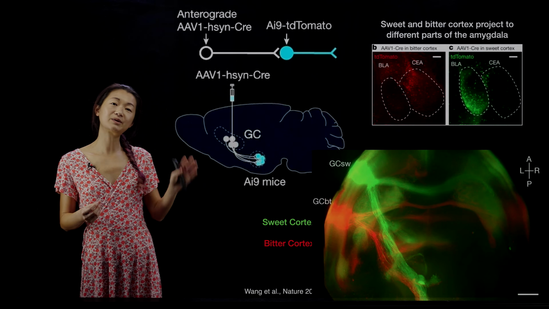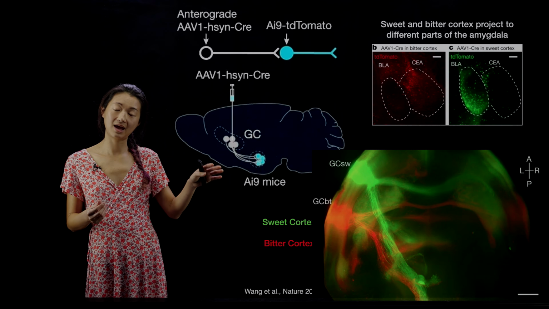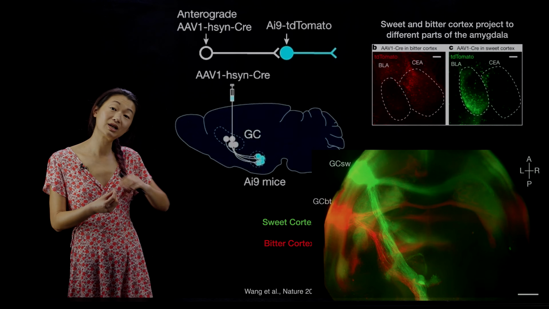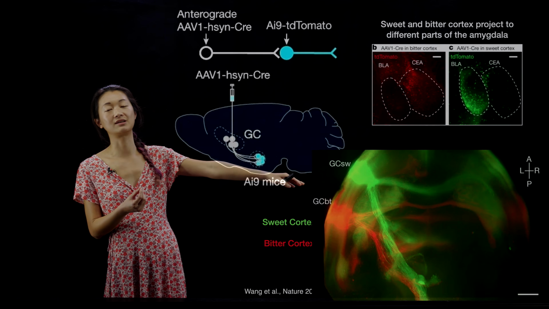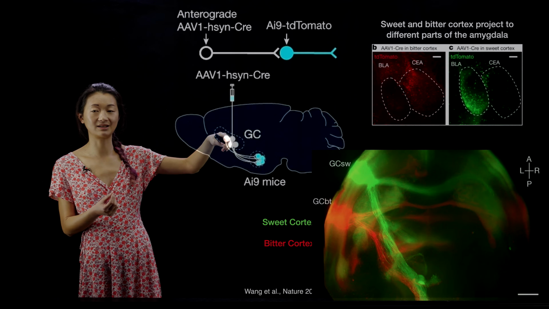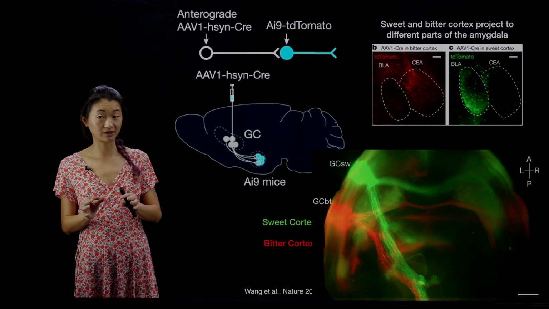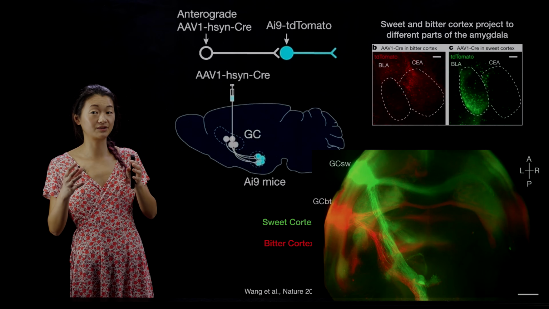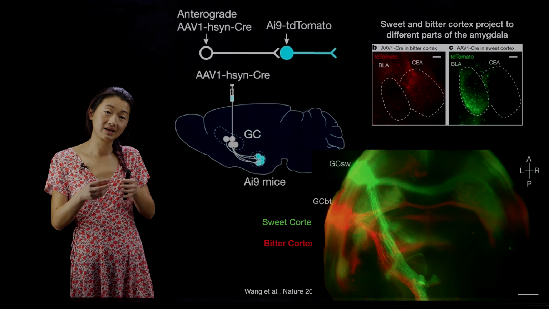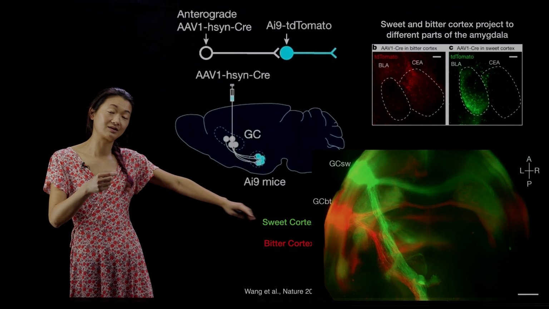And this particular one is an anterograde AAV, which means that it's going to get taken into the neurons and transported in the same direction as the axons. So in this case, if you're injecting it into gustatory cortex, it's going to get into all the cells in the gustatory cortex. And then all of those cells are going to transport these AAV viruses in the same direction as the axons. Not backwards, forwards.